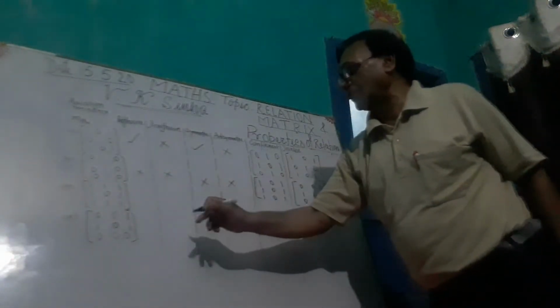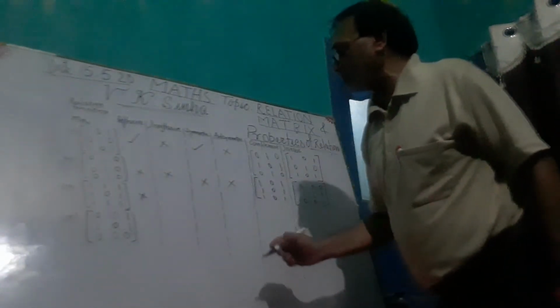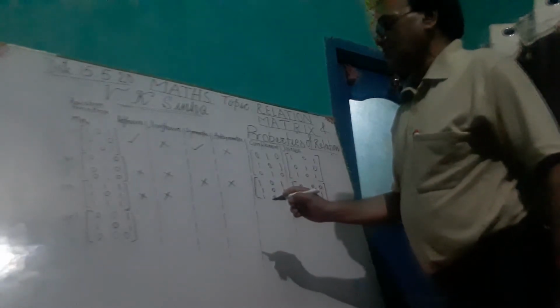Now see the third example. Since all the diagonal elements are not 1, this is not reflexive. And since all the diagonal elements are not 0, this is also not irreflexive. Now symmetric or not?